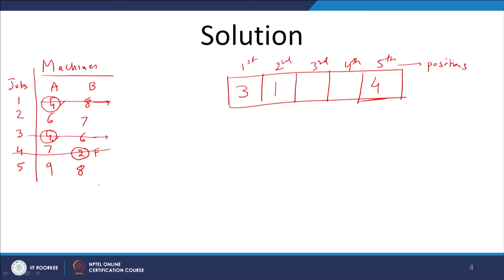Out of the remaining times, we find that 6 is the least, and 6 is in the A column. So, we have to put job 2 at the third position, and also now we are left with only one situation. Therefore, the only option that is left is job 5. So, this is the way that the jobs should be placed.